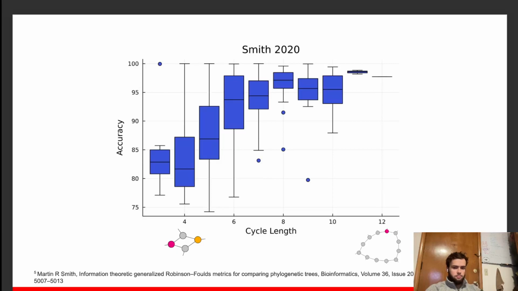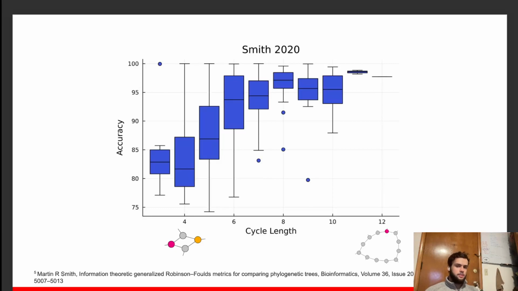And because the horizontal event stretches a very far distance, the effect of that horizontal event is going to be much greater. And if the effect is greater, we should hopefully be able to more easily discern whether a gene tree was affected or not. And in fact, that is what we see with our algorithm here.